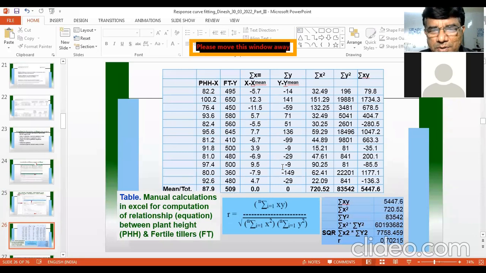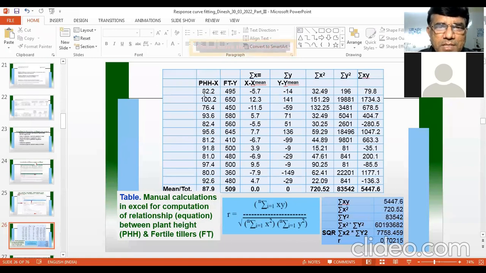Now I am discussing with you, if you have the Excel program and you want to fit a linear equation manually, without taking help of any formula from Excel, then you can do it very easily.